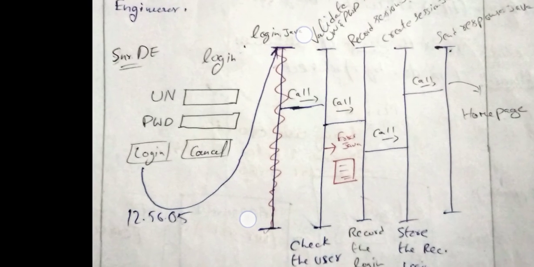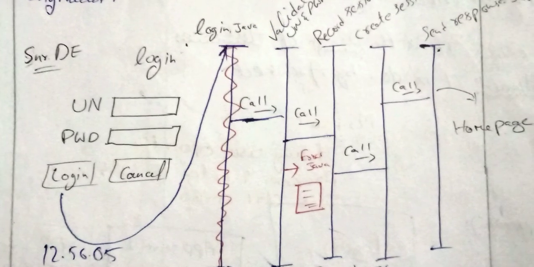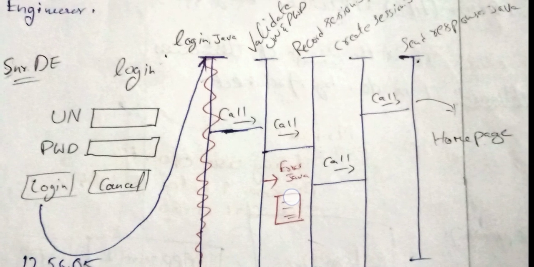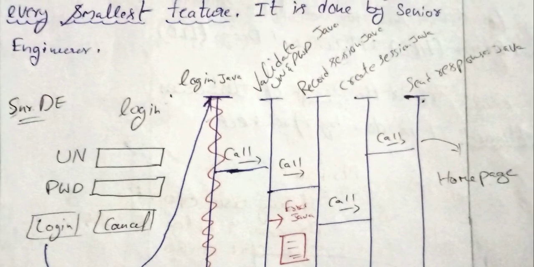See, when we give a valid user ID, username and password, and we click on login, then login.java will run, and it checks whether the user ID name and password are valid or not. Then it runs validate username and password.java.